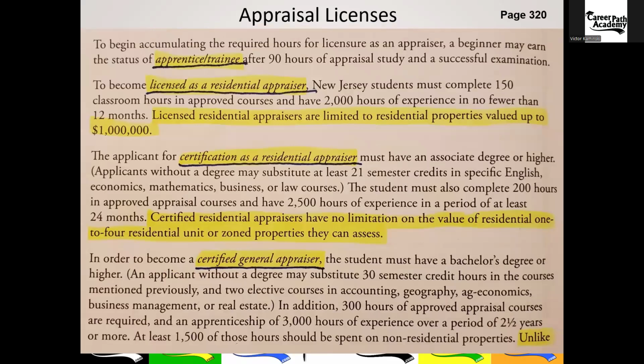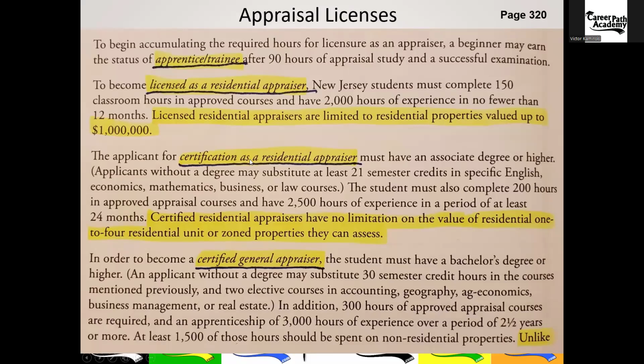So you have those 4 types of appraiser licenses. First, you start off as that apprentice trainee. Then you graduate, and once you get enough experience under the belt, 2,000 hours, you could become a licensed residential appraiser who can only appraise residential properties under $1 million or up to $1 million, but not 1,000,001, only up to $1 million.